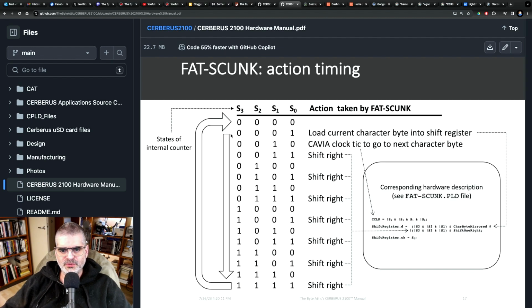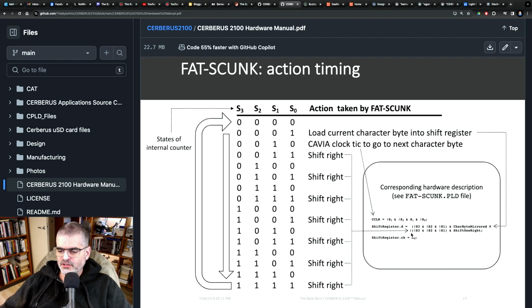This is what happens at this point, at this cycle here. We load a character into the shift register. And as we've seen, we will also load the character code into another register in order to know which color to attribute to the positive bits in the pixel map, in the bitmap.